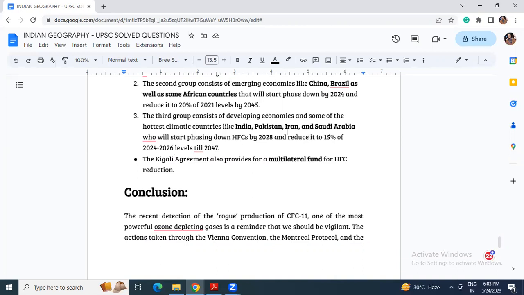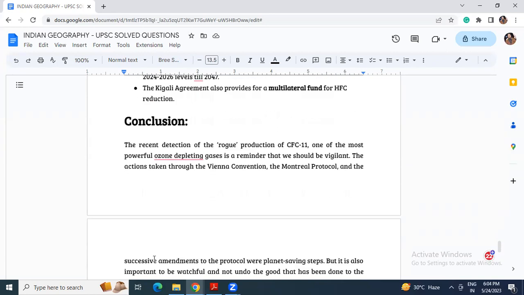So India, Pakistan, Iran, Saudi Arabia need to reduce the level by 15% of the 2024-26 level till 2047. The Kigali Agreement also provides for a multilateral fund for HFC reduction. So there will be a multilateral fund for HFC reduction.